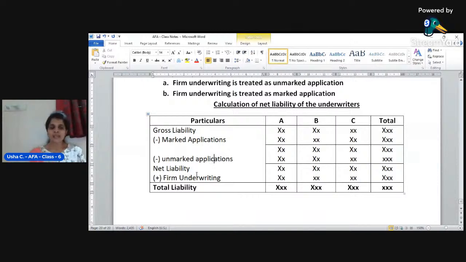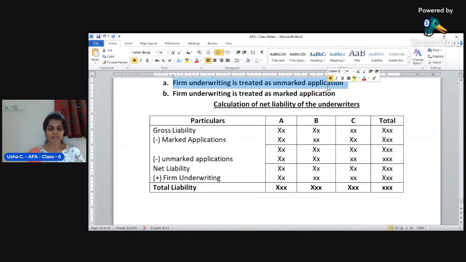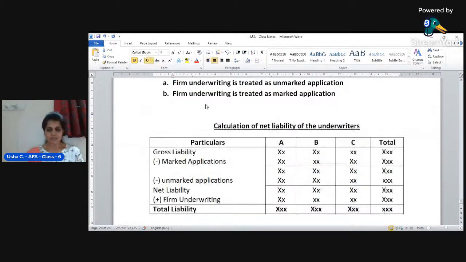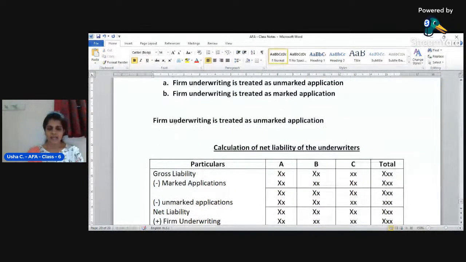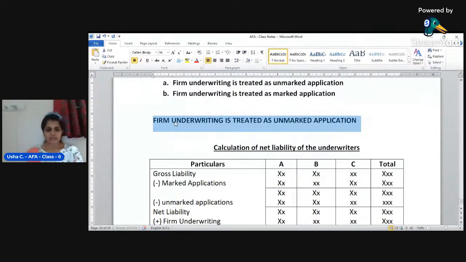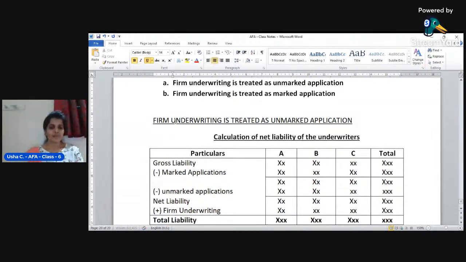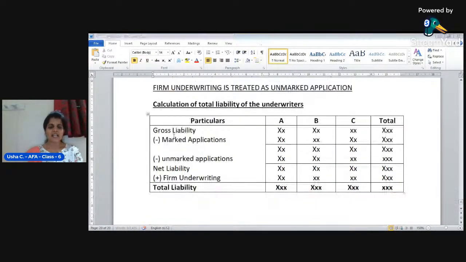Here, first we need to deduct the marked application. But when firm underwriting is treated as unmarked application, in this situation, if you want to find the total liability of the underwriters, we consider that firm underwriting as unmarked application.